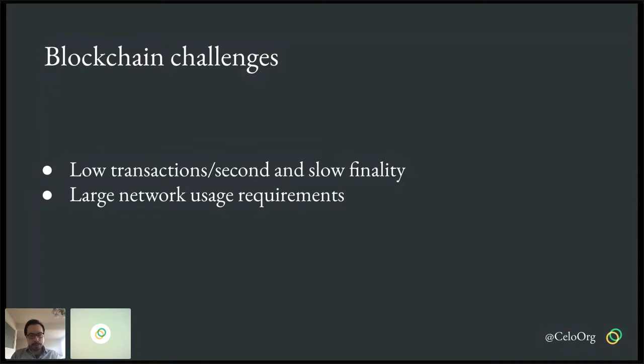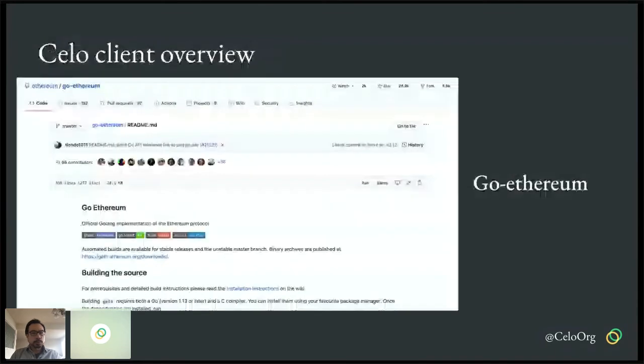So because of these issues, the C-Labs team decided to create our own blockchain that would be specifically engineered to be mobile friendly. So to kickstart our blockchain, C-Labs first evaluated a number of current blockchains, and this is about 2-3 years ago.